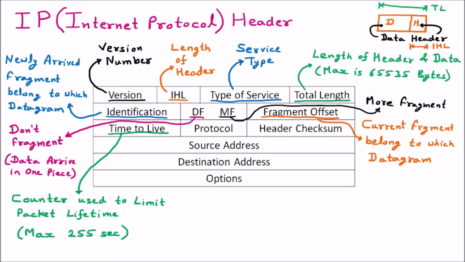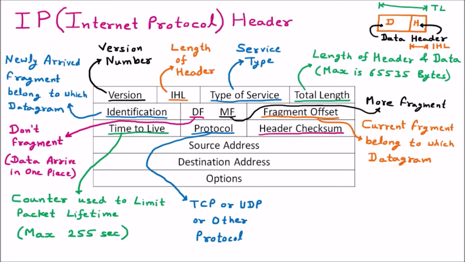Afterward we have the next field, which is the protocol. The protocol field defines which protocol we are using, such as TCP, UDP or any other protocol. So this protocol field tells us whether TCP, UDP or some other protocol is used in the communication. Now afterward we have the next field, which is the header checksum.